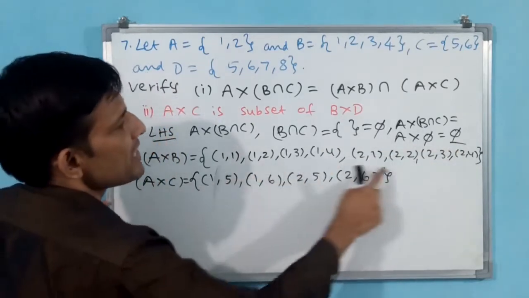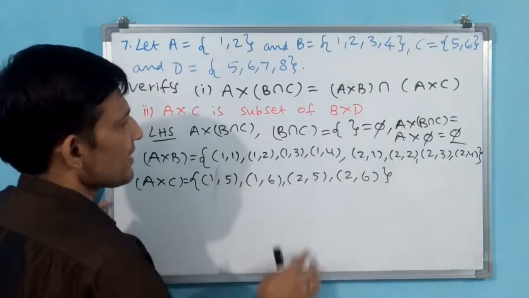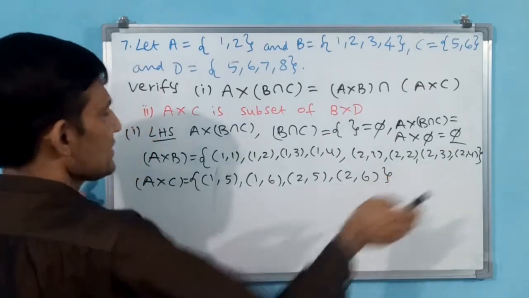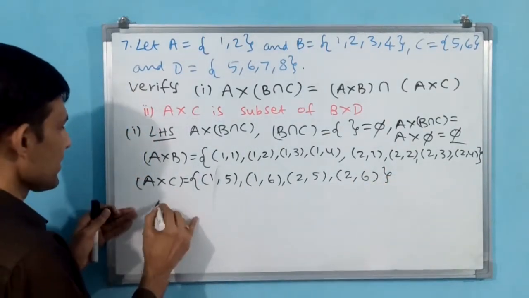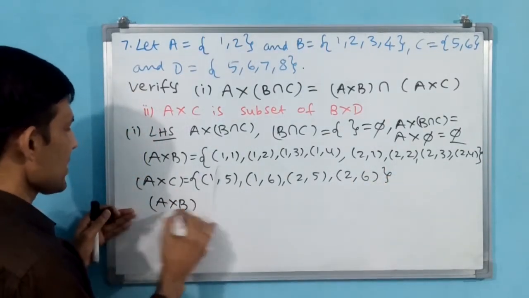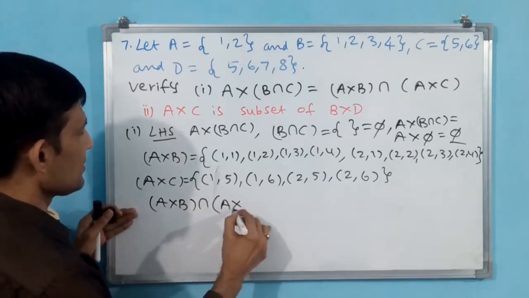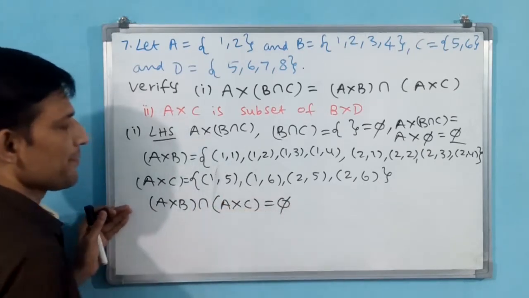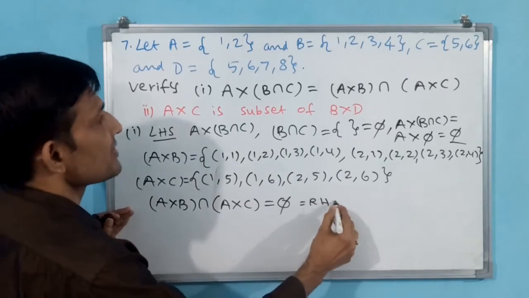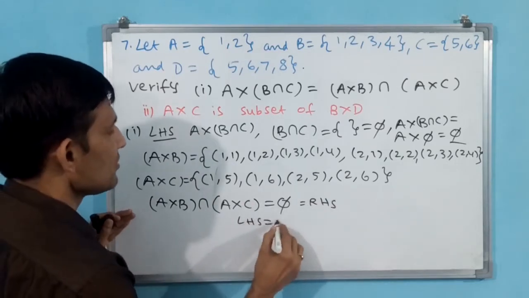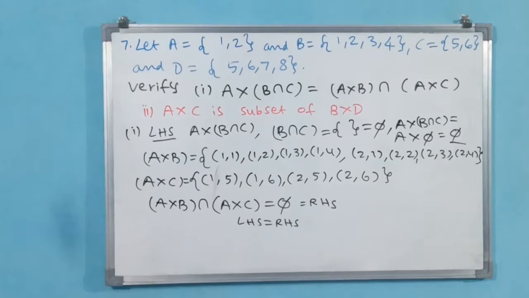Why? Because (1,5) is there, not there. (1,6) is there, not there. (2,5) is there, not there. (2,6) is there, not there. Then what can we write? A cross B intersection A cross C is equal to 5. That is RHS. LHS is equal to RHS.